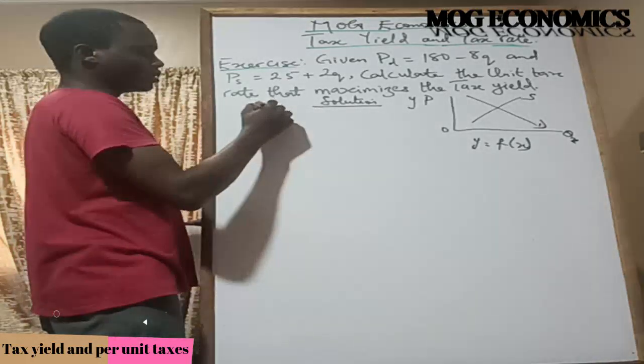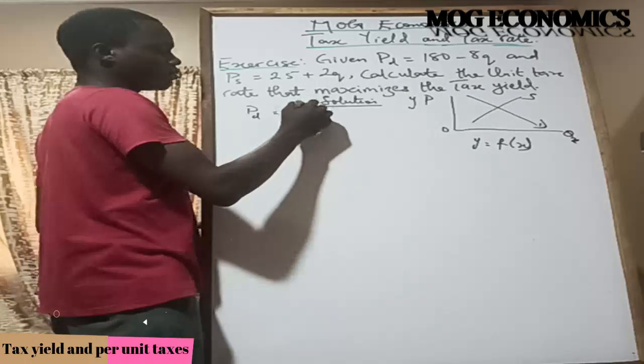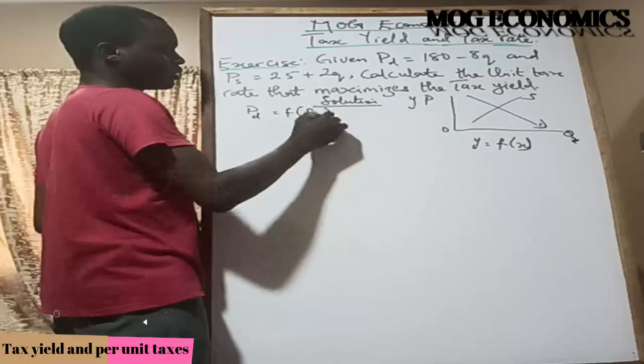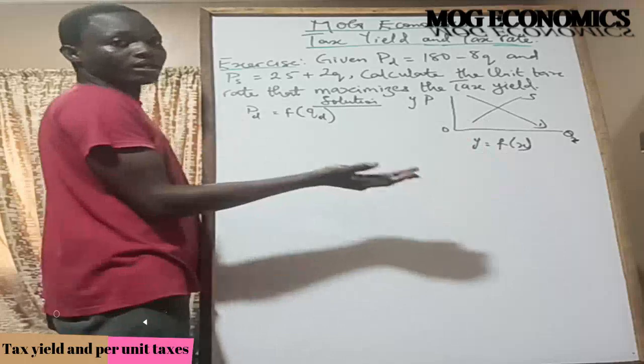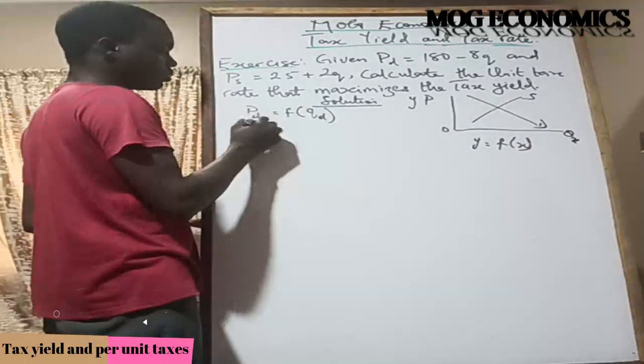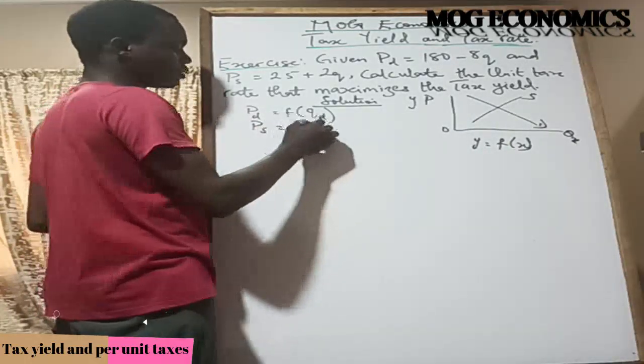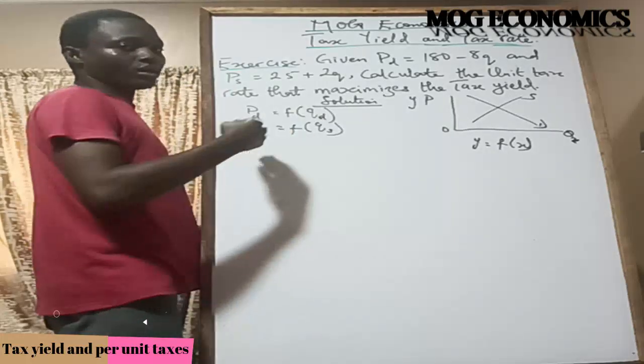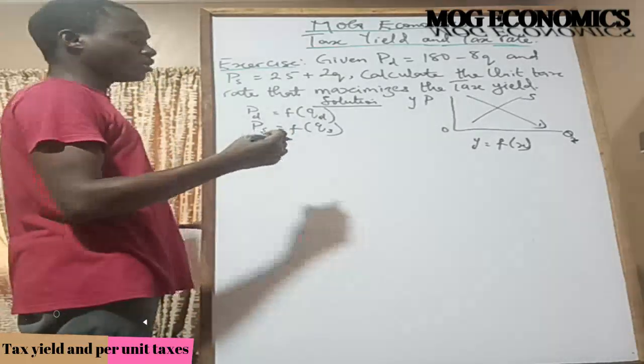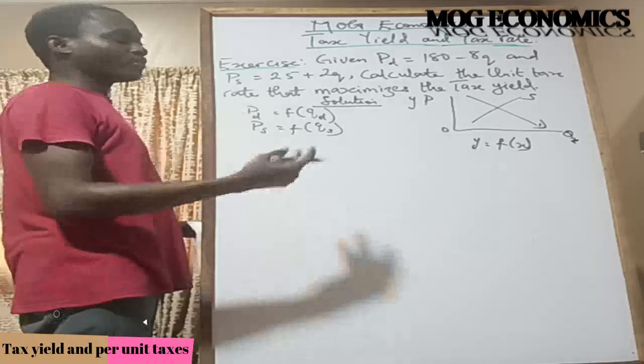So PD is going to be a function of QD, just as the graph has it, and PS as well is going to be a function of QS. That is why it is important that we convert our normal demand functions into their inverse form.